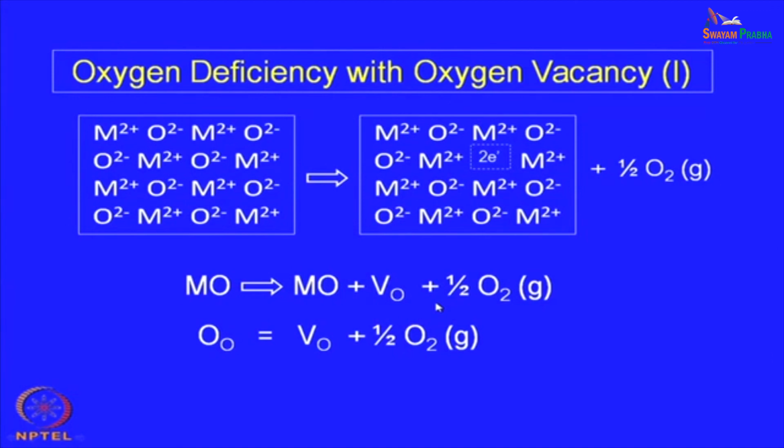That oxygen has gone out from the solid to the atmosphere, and therefore this is a simplified reaction only involving the oxygen sublattice. There is no involvement of metal in this situation.